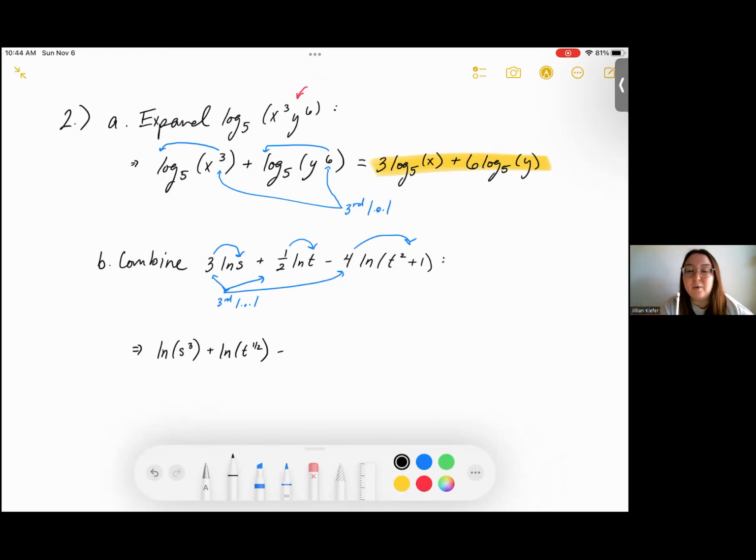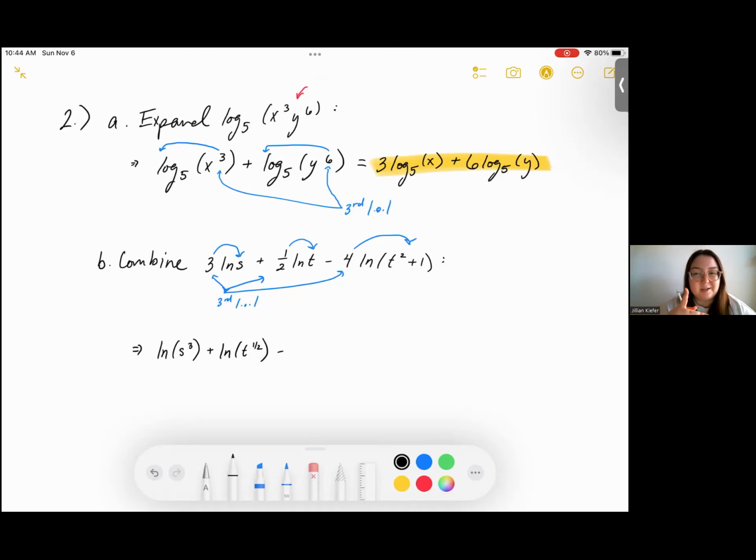minus, and we have 4 times the natural log of t squared plus 1. We notice that t squared plus 1 is what is inside the logarithm. So the 4 would be the exponent of whatever's inside the logarithm. And if you're thinking to yourself, oh, natural log of t squared plus 1, well, I could expand that because it's addition.